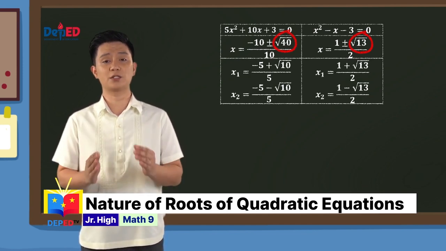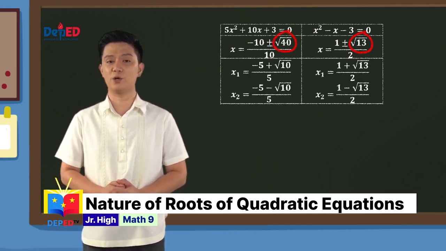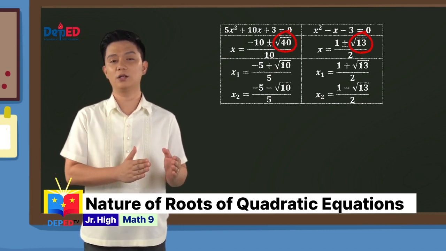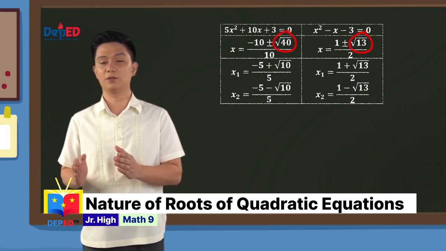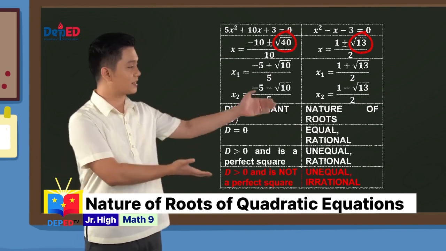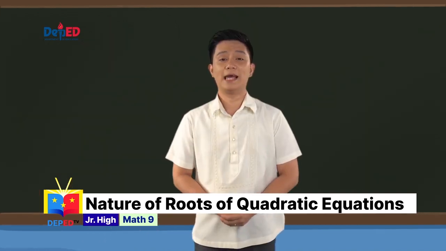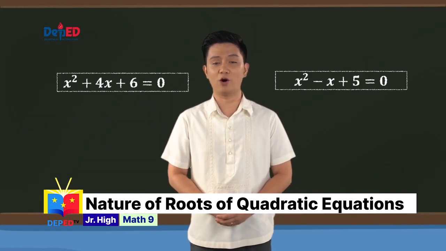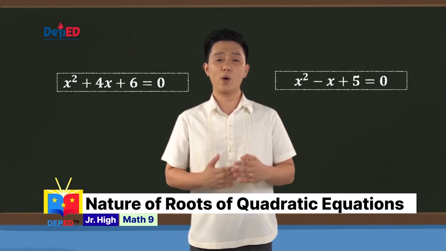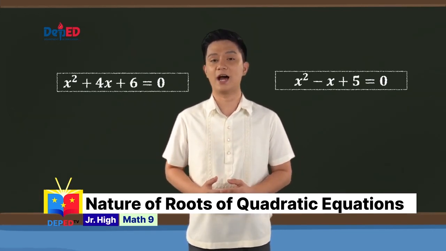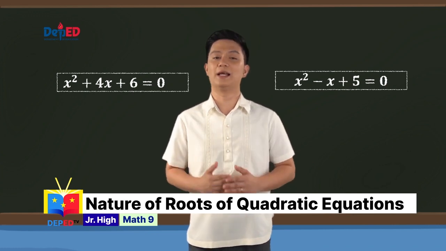Observe that the roots that correspond to such type of discriminant are not equal and are irrational. We record this in our table of highlights. And we're down to the last pair of quadratic equations, which will acquaint us with another type of discriminant-root relationship.